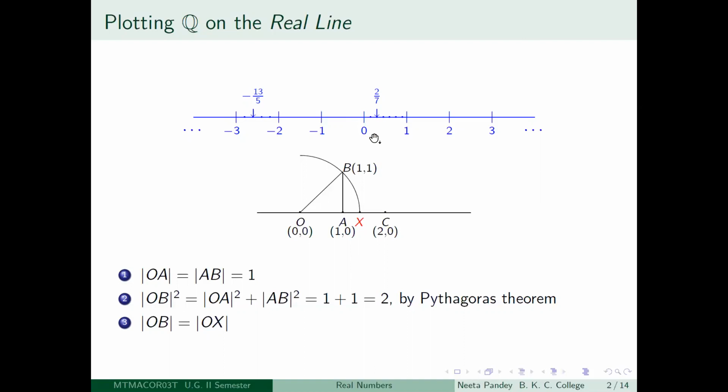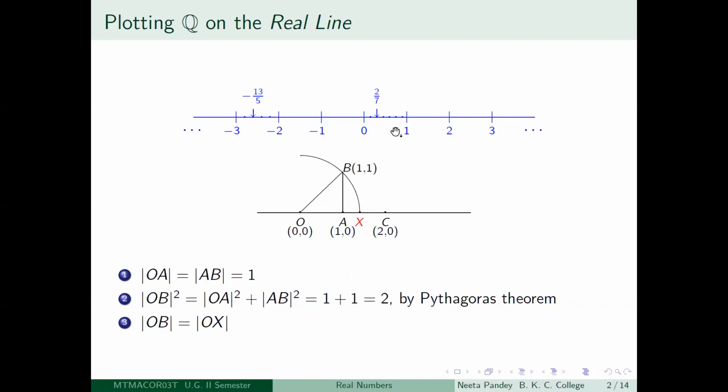Then you choose a certain length and take a line segment of that length on the line starting from 0 to the right of 0. So the endpoint of this line segment, you call it 1. So we have chosen a unit of distance also.